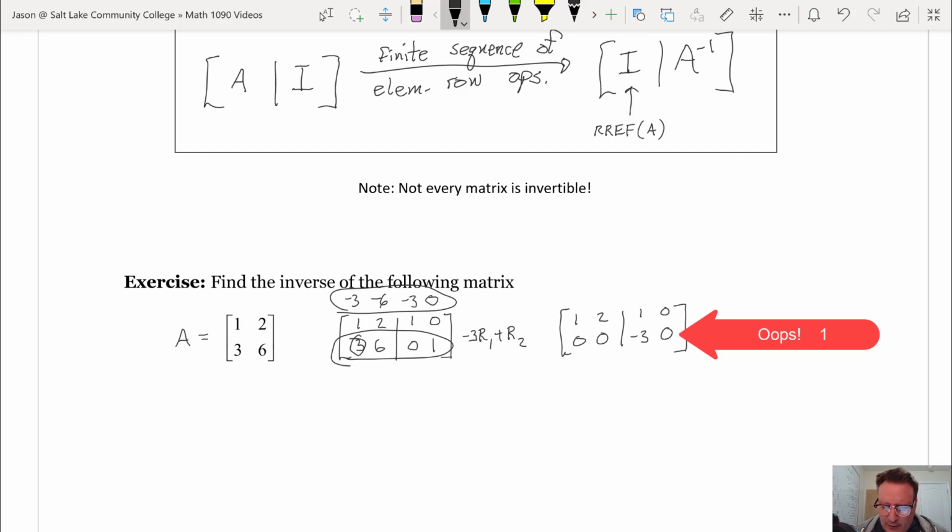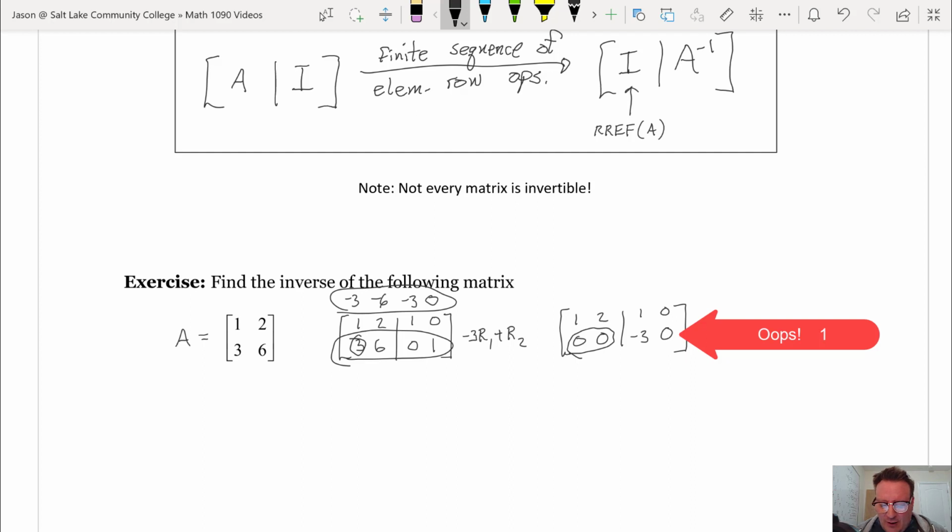Now notice I don't have a row of all zeros if I think of all the entries in the augmented matrix, but I do have a row of all zeros in the A side, the coefficient matrix side of my augmented matrix. This is a problem. Why?